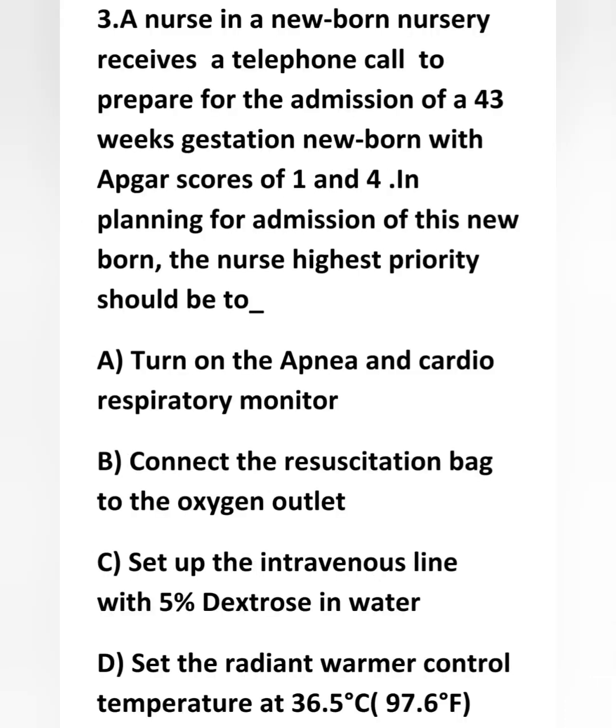Third question. A nurse in a newborn nursery receives a telephone call to prepare for the admission of a 43-week gestation newborn with an Apgar score of 1 to 4.